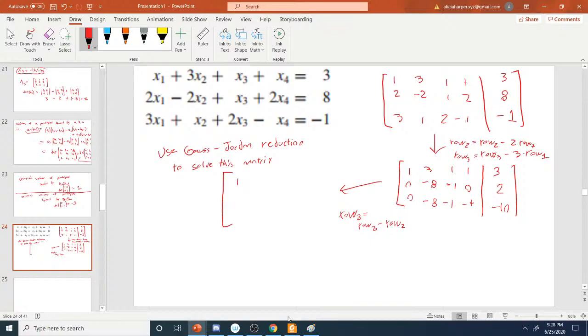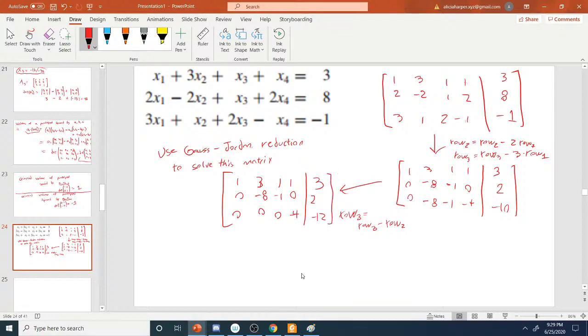If we do that, the first row remains unchanged. So we have 1, 3, 1, 1, augment 3, 0, negative 8, negative 1, 0, 2. And then here we'll have a negative 12. We'll have 0, 0, 0, negative 4.